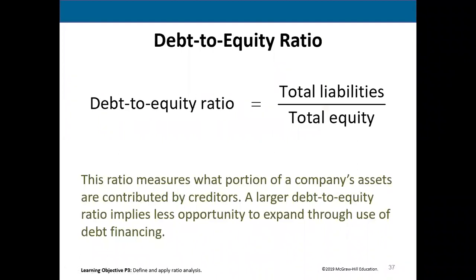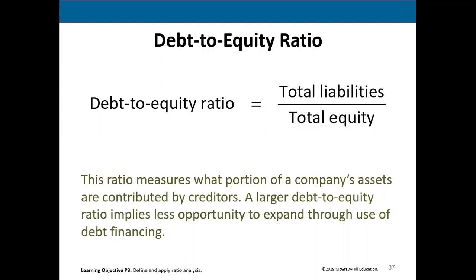The debt to equity ratio takes total liabilities over total equity. I'm not a big fan of this one, but this ratio measures what portion of a company's assets are contributed by creditors. A larger debt to equity ratio implies less opportunity to expand through the use of debt financing.